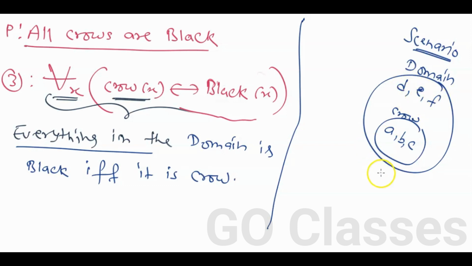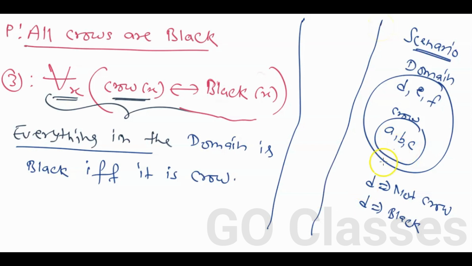Now consider the scenario where D is not a crow, of course, but let's assume that D is black. Now what will happen? Just think about it. And also let's assume all crows are black.